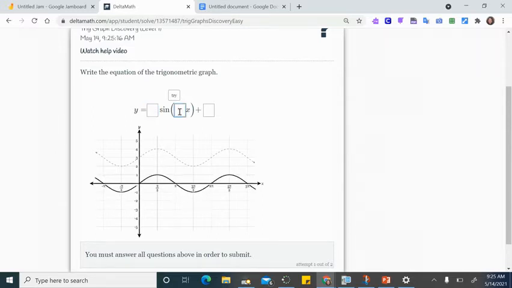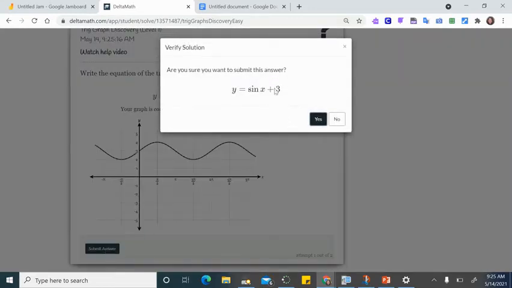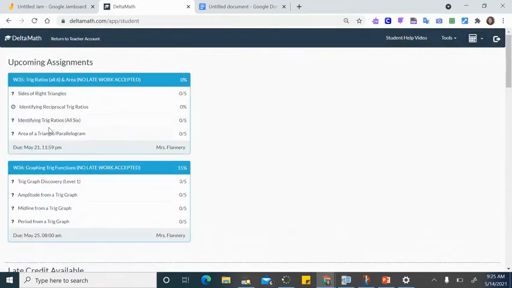Let's put 3 here and see if it does what we want. Ooh, that squished it together. That's not what I want. Let's put 3 here. Yep, exactly what I wanted. I happen to know that's what I wanted because when you add 3 on the outside of the function, that slides it up. All right, so that's the idea.